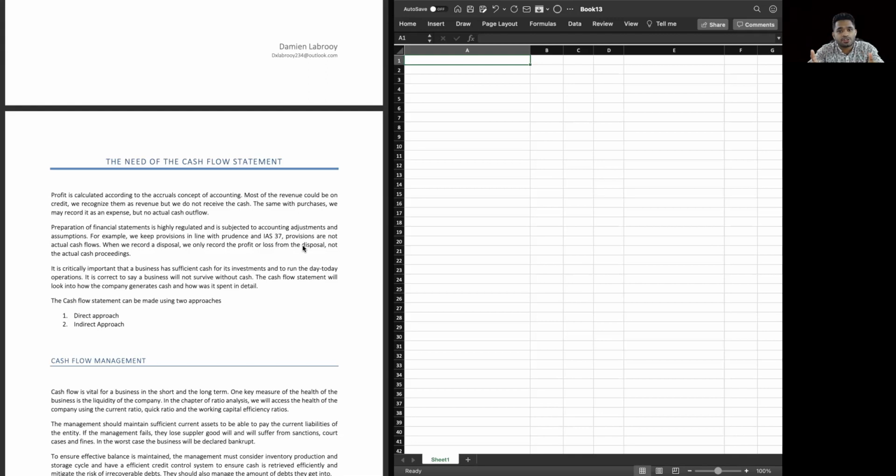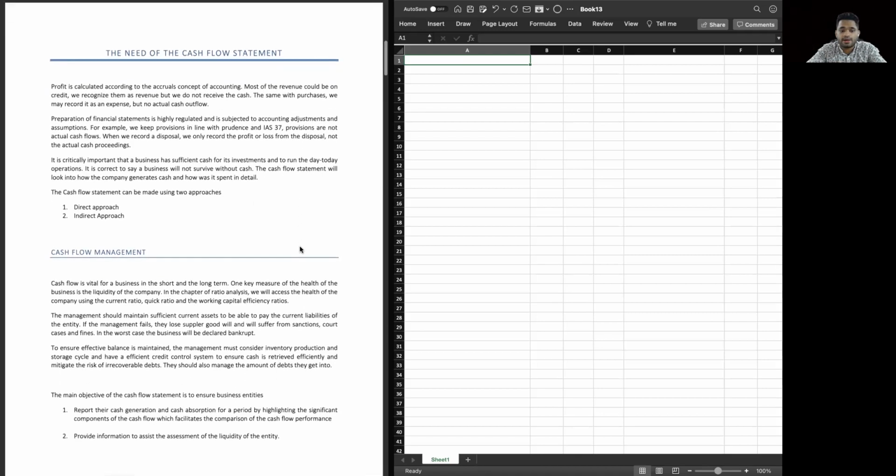But remember the interest component, that is going to be considered as an operating cash flow according to IAS 7 statement of cash flows. So we looked into the three main types of cash flows that we have, which are operational cash flows, investing cash flows, and financing cash flows.